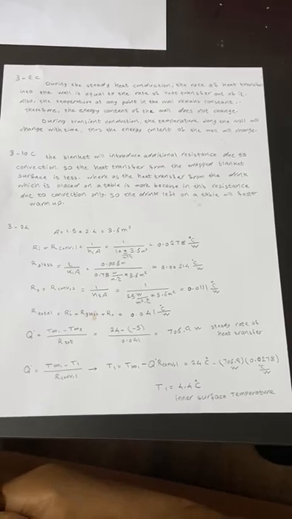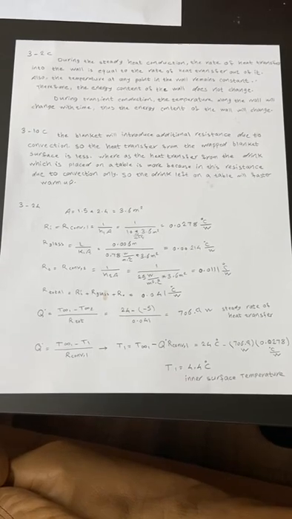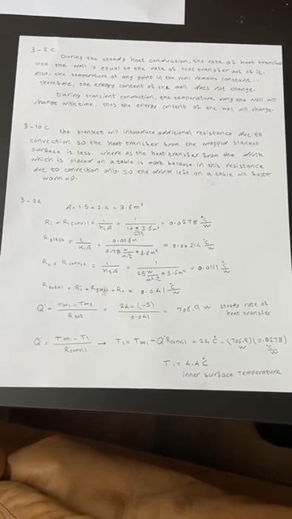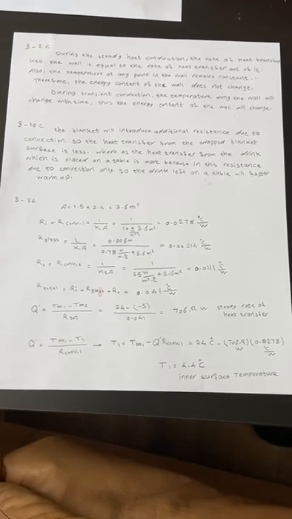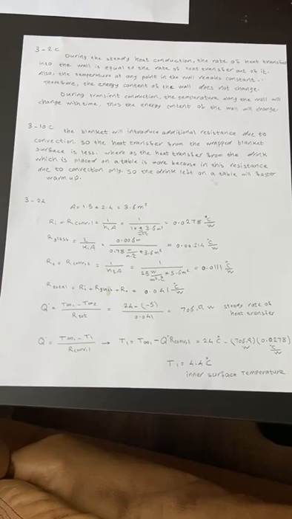On 324, we have a glass wall, and so we calculate the area first, and after that Ri, R glass, and R0, that is R convection 1, R glass, and R convection 2, and add them together.